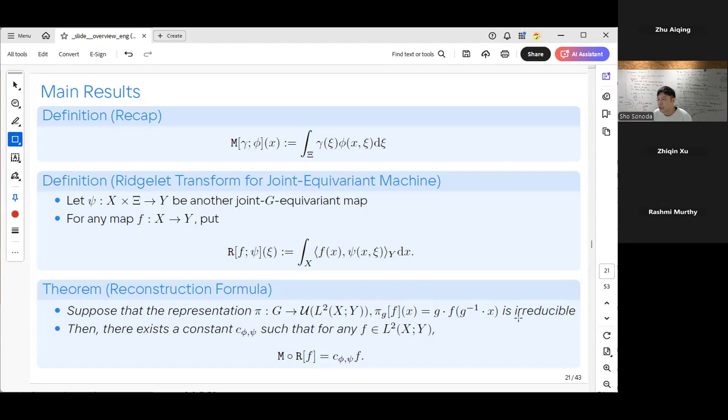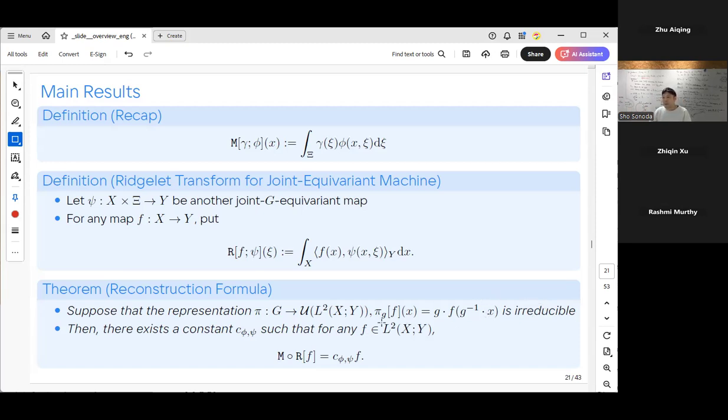And the assumption is that this pi is irreducible. Verifying irreducibility of a regular representation is sometimes difficult, but they have a long history, so you can find many examples of irreducible regular representations.